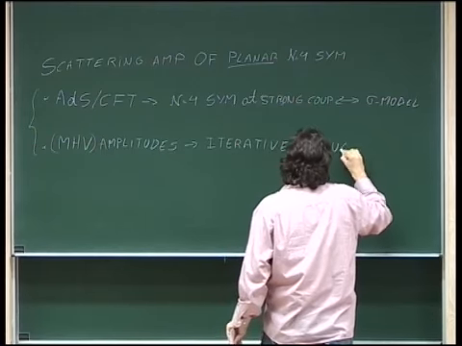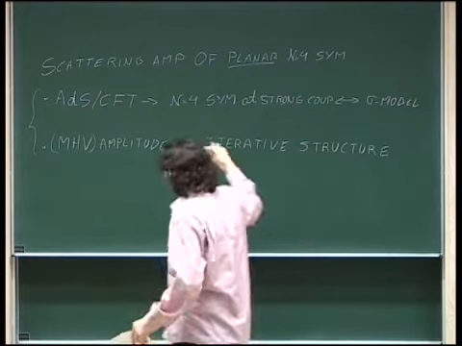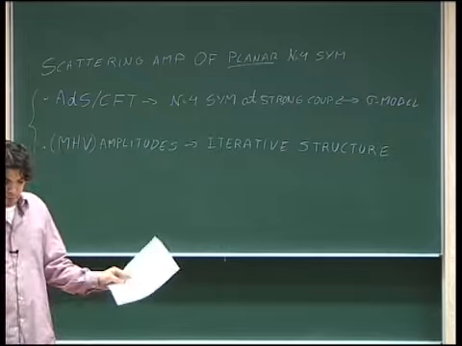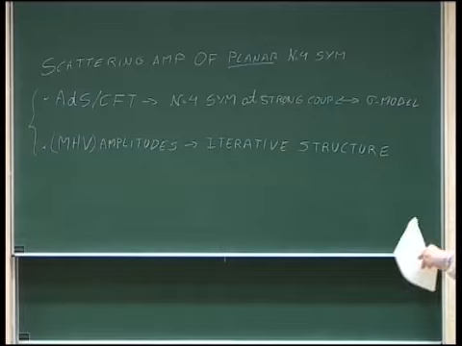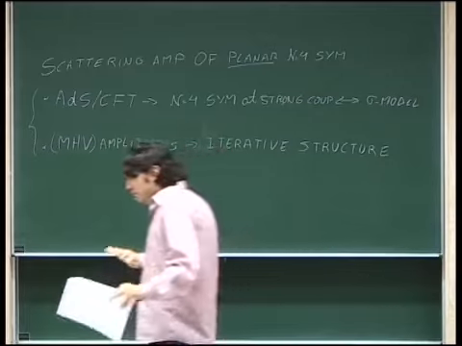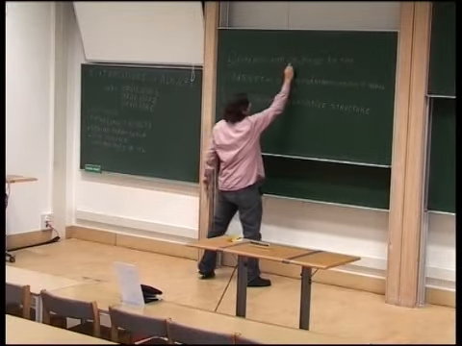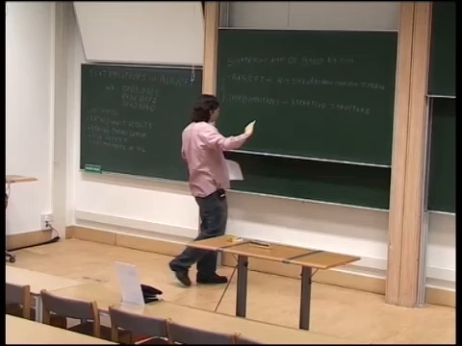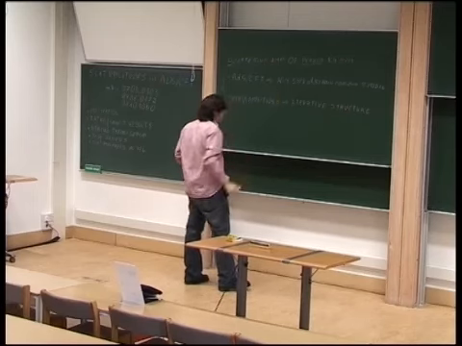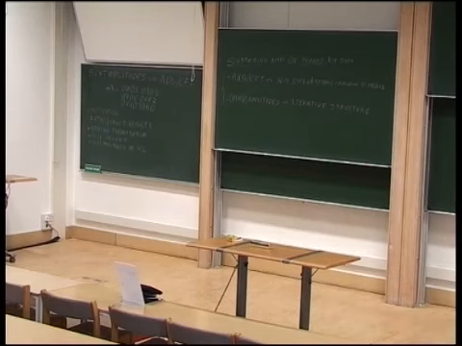In particular, this iterative structure allows us to compute one amplitude at some order in the loop expansion in terms of some lower order amplitudes. So the aim of this talk is to compute scattering amplitudes of this theory at strong coupling by using the AdS/CFT duality. Okay, so I think there shouldn't be any question, but some questions or remarks.